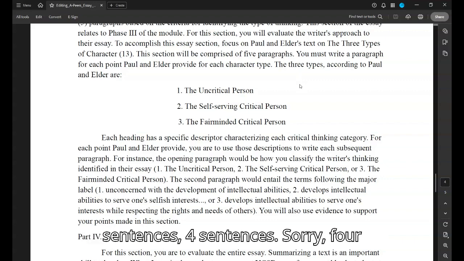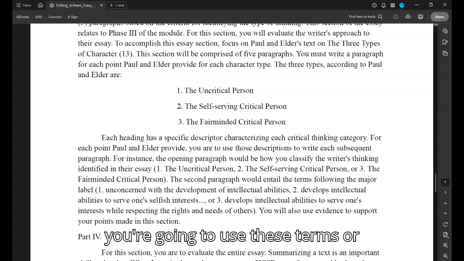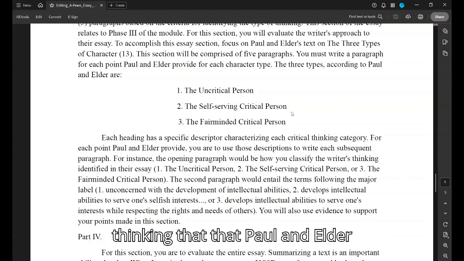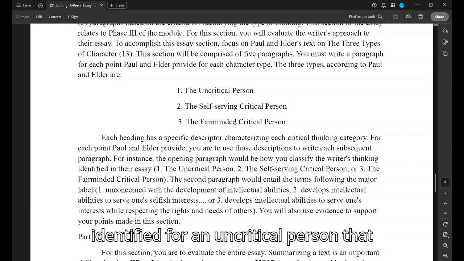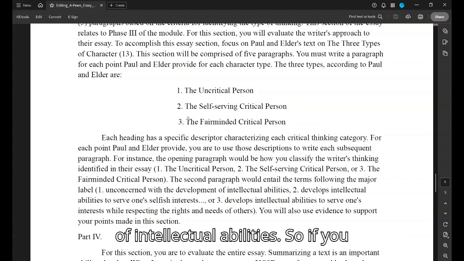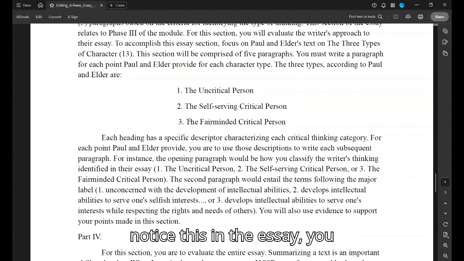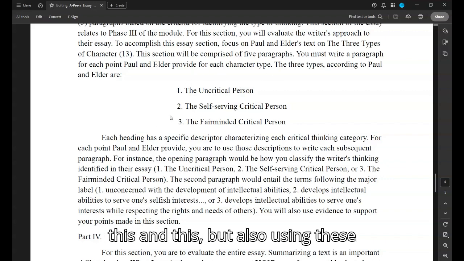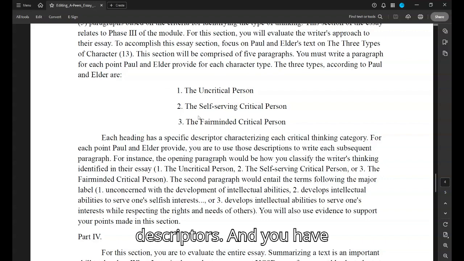Remember, 4 sentences. The second sentence, you're going to use these terms or descriptors for each category of type of thinking that Paul and Elder identified. For an uncritical person, that would be unconcerned with the development of intellectual abilities. If you notice this in the essay, you must be clear and concise as to why you're using this classification versus the others, but also using these descriptors.